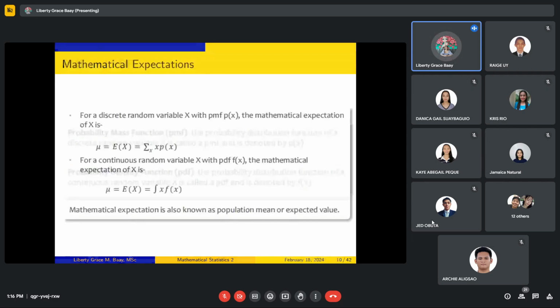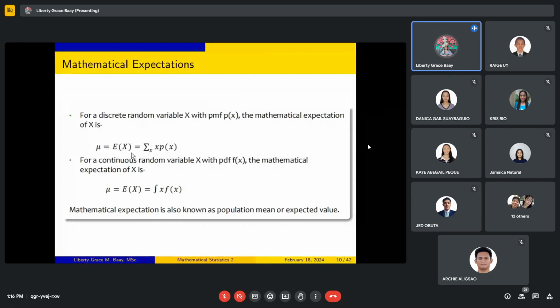Okay, so this is the formula. For the discrete random variable x with the probability mass function, the mathematical expectation of x is equal to this one. Or the expected value of x is equal to the summation of x times p of x. And for the continuous random variable x with the probability density function f of x, we can get the expected value of x, or simply the mean.